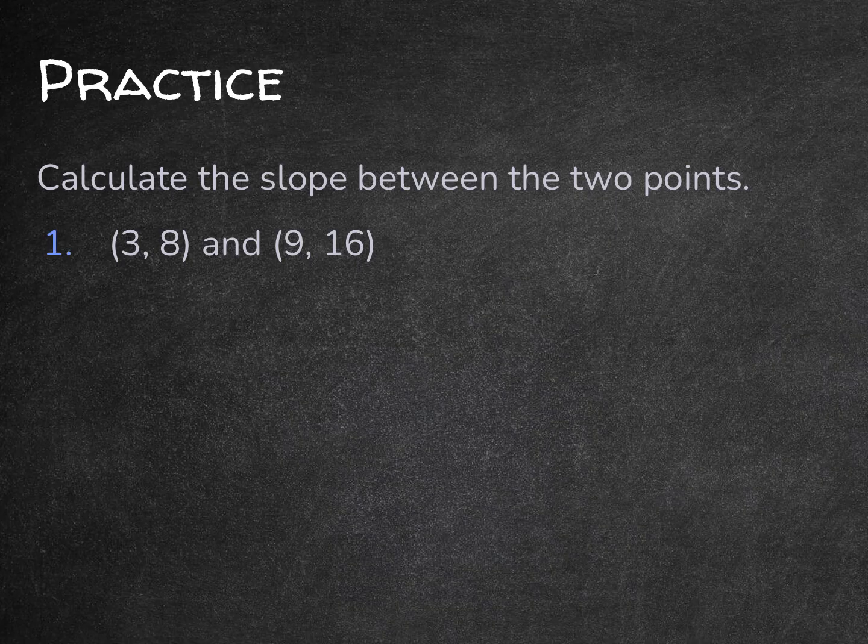So the first thing that I want you to do when you are given 2 points, you're going to label them x1 and y1, because that's the first point and you have an x and a y. And then you have an x2 and a y2, because that's the x and y from your second point.